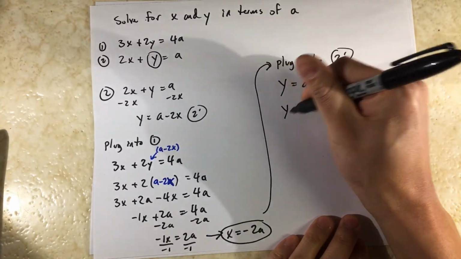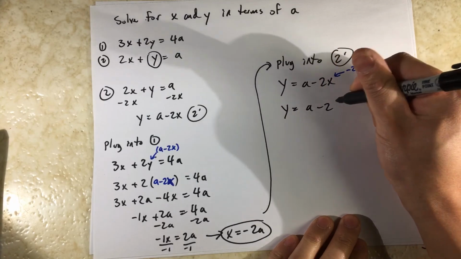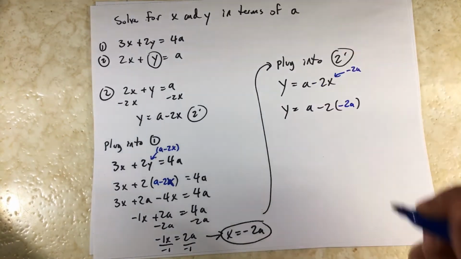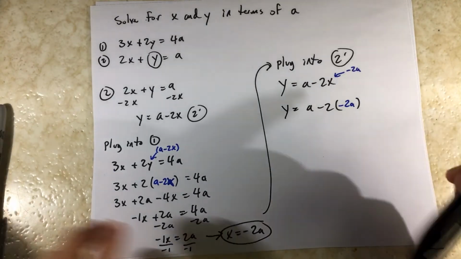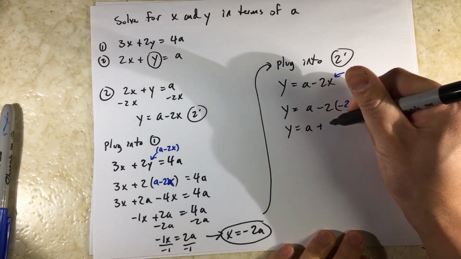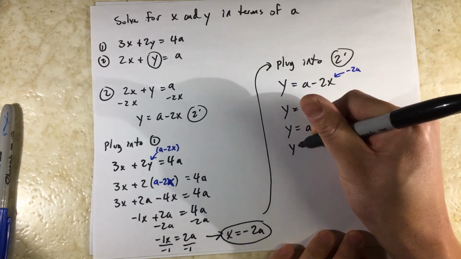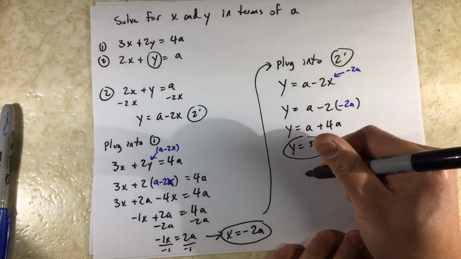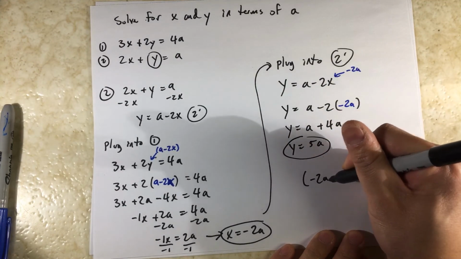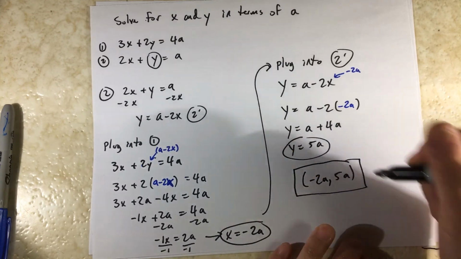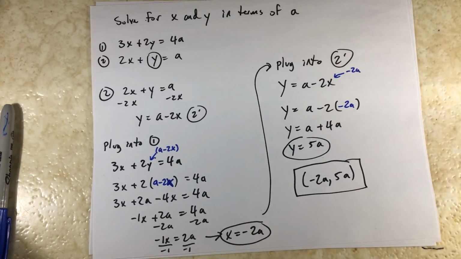So we get y is equal to a minus 2 times negative 2a. So we get y is equal to a plus 4a. y is equal to 5a. So then we have values for x and y, negative 2a and 5a. So both x and y have been solved in terms of a, and that's basically what we're looking for here.